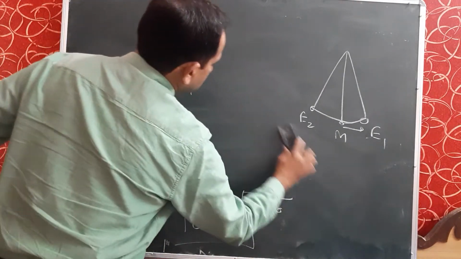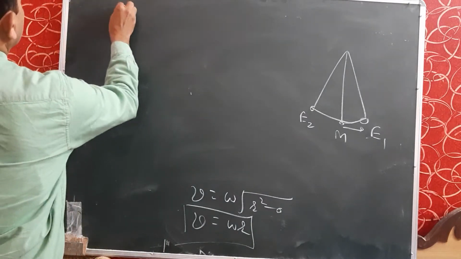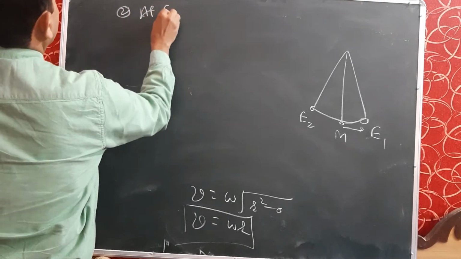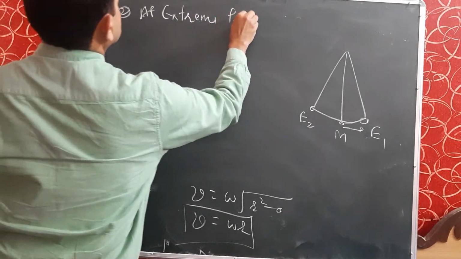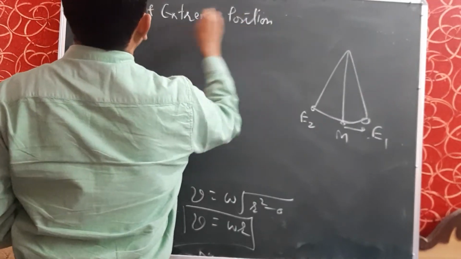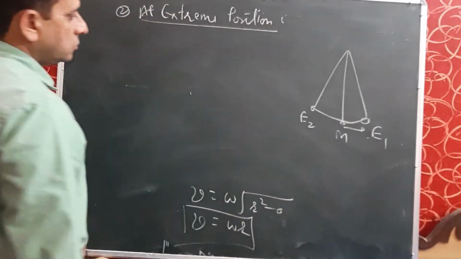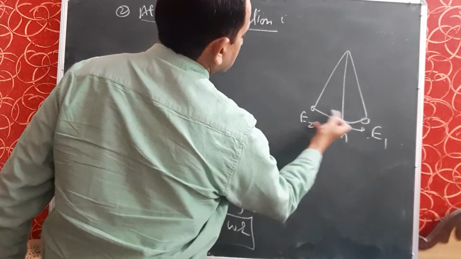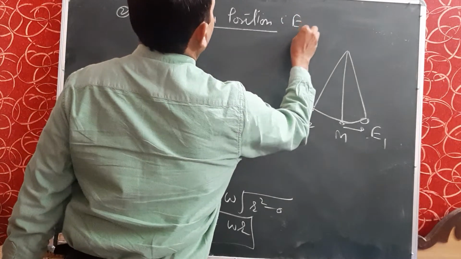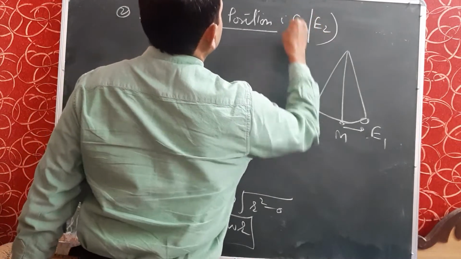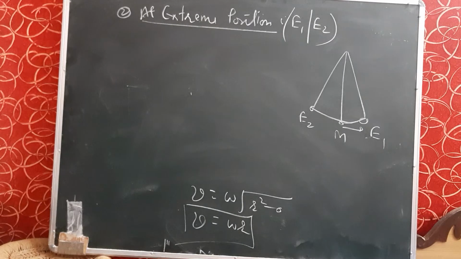And the second case, at extreme position. So, these are the extreme positions, E1 or E2. May this E1 or E2 be the extreme positions.